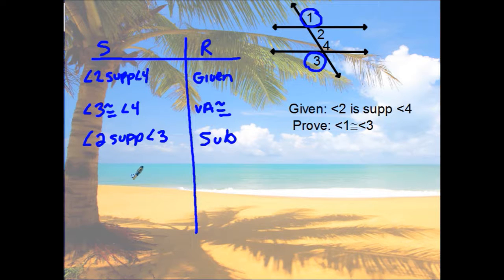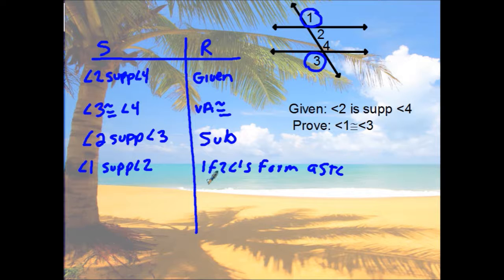So let's keep going. Here's the next thing I have. I see that I have a straight angle formed. Anytime I have straight angles formed, especially with no letters with them, I can jump right into forming supplementary angles. I can say that angle 1 is supplementary to angle 2. The reason is if two angles form a straight angle, they are supplementary.